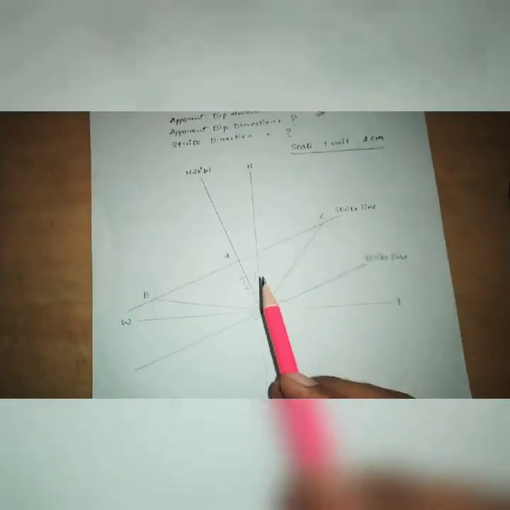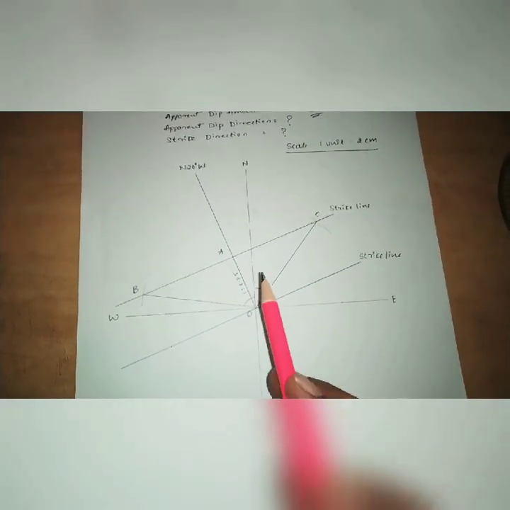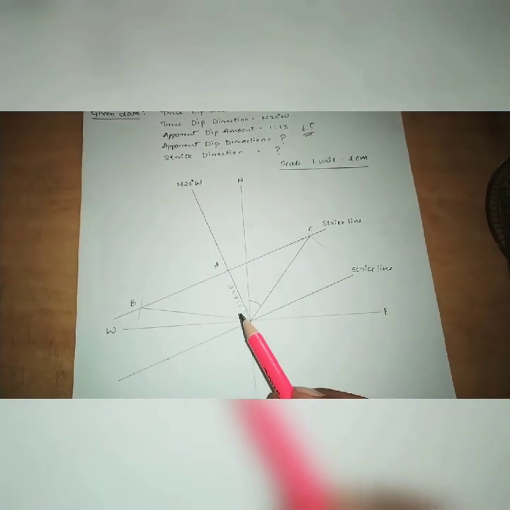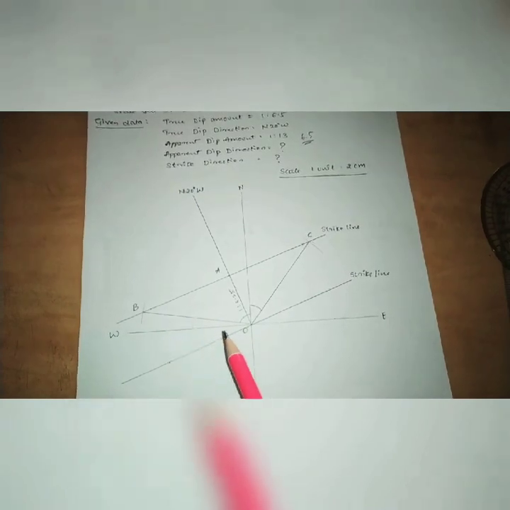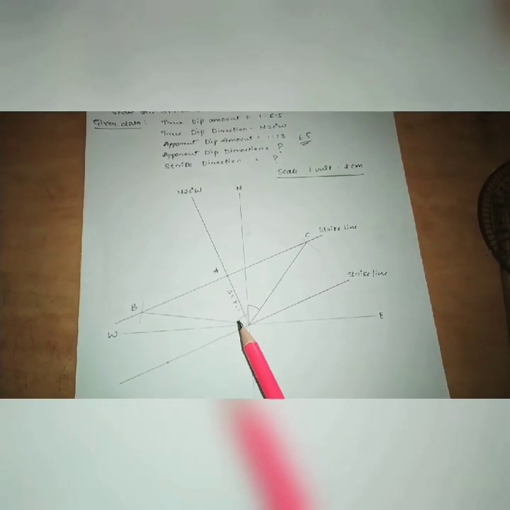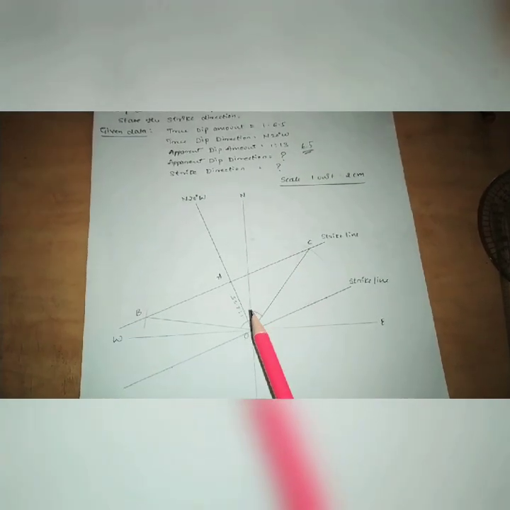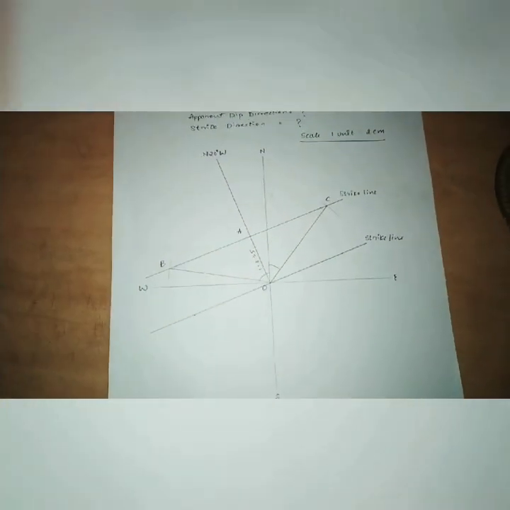Next we need to measure the angle of the dip direction, or apparent dip direction. Along OB we will get one direction, and along OC we will get another direction. This is the apparent dip direction.